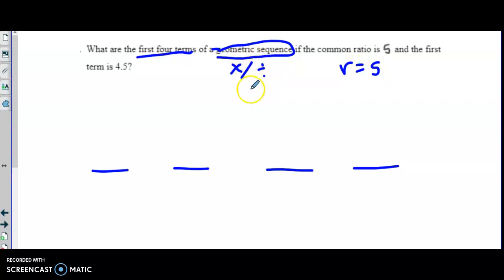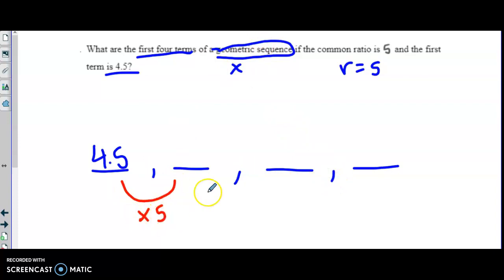But if the common ratio is like 1/3, that's really kind of the same thing as dividing by 3, but we're really always going to multiply. So whatever our common ratio is, that's what we're going to multiply by. So our common ratio is 5, and the first term is 4.5. So the first term goes there. All right, and now we're going to multiply by 5 to get the next number, and we're going to keep doing that every time. We're going to keep multiplying by 5.